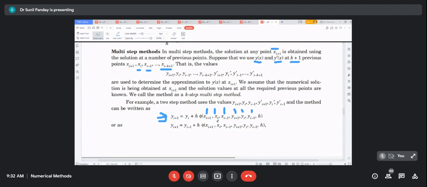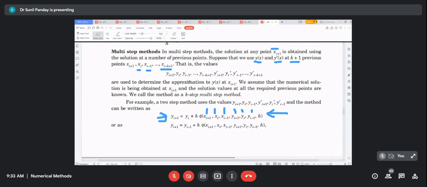So here we are requiring 3 points, or like 2 plus 1. Okay, so 2 plus 1 points are required. One is xi, one is xi minus 1, another one is xi plus 1. So 2 plus 1 points evaluations are required in this method. So such a method is called two-step method.